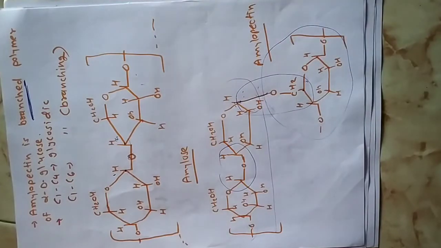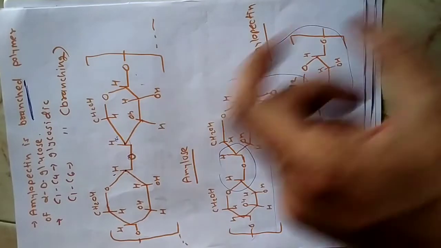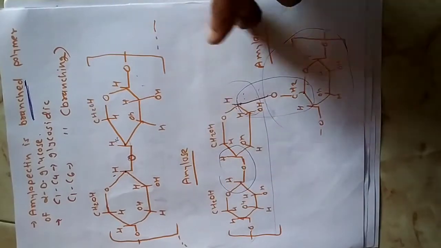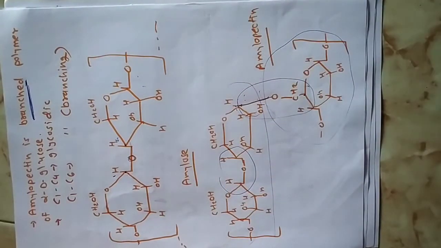Again, amylose and amylopectin are both components of starch. They are both polymers of alpha glucose only, but the connection is different. Amylose is a linear structure, amylopectin is a branched structure. That is the major difference between them. Amylose is water soluble, amylopectin is water insoluble.